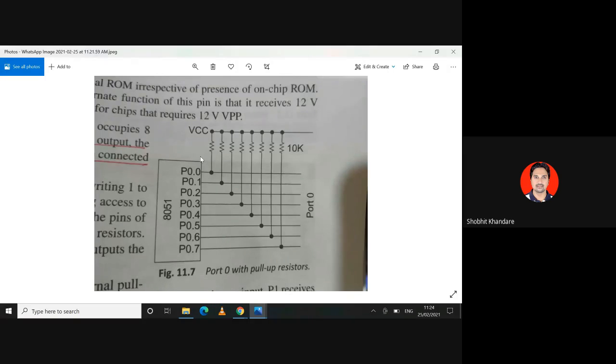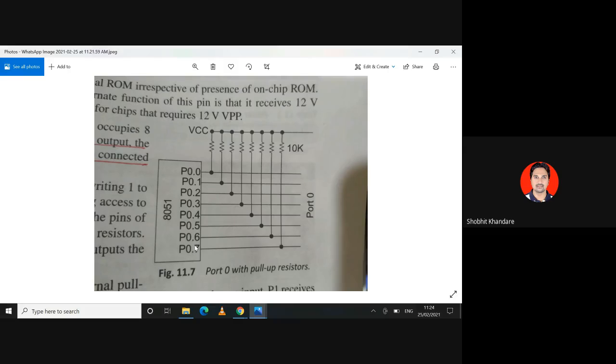So what is so peculiar about port 0, we are going to see on the screen. Whenever I want to use this port 0, that is P0.0 to P0.7, I can use these as 8-bit bidirectional IO ports.